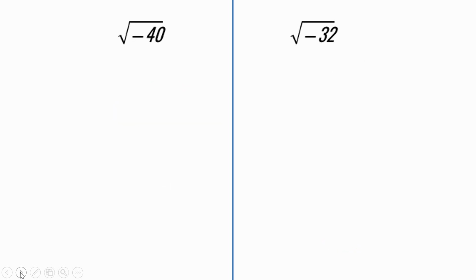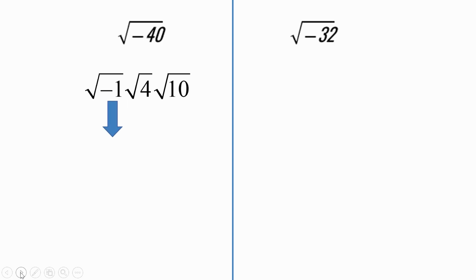Let's try a couple more. So you're always going to start by breaking out the square root of -1, and then you're going to break down the number 40, for instance, just like you did in the previous lectures. So I'm going to break -40 down to the square root of -1, the square root of 4, because that's a perfect square, and then the square root of 10. I'm going to simplify this.